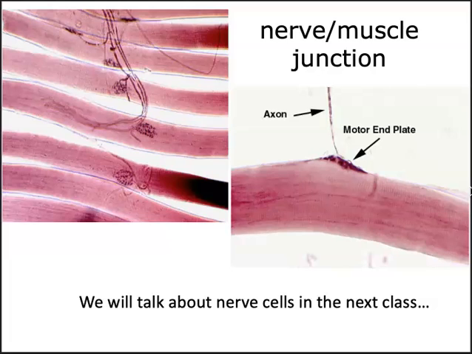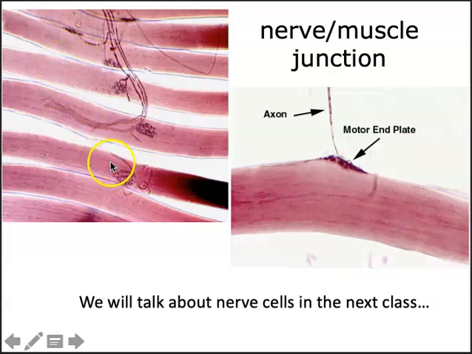Here is a micrograph of a neuron connecting to some skeletal muscles. So here the neuron is these lines running across, that's part of the neuron, and then you'll see these little dotted, granular looking things. Those are the motor end plates. Those are the parts of the neuron that are connecting with the muscle cell.